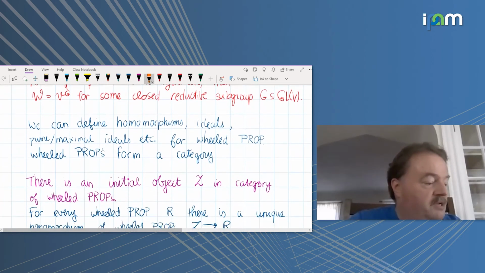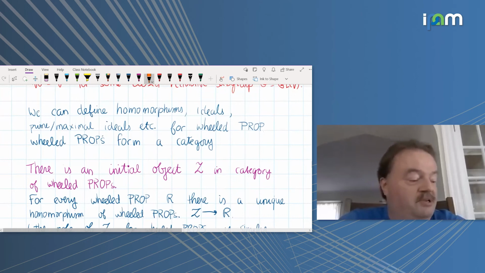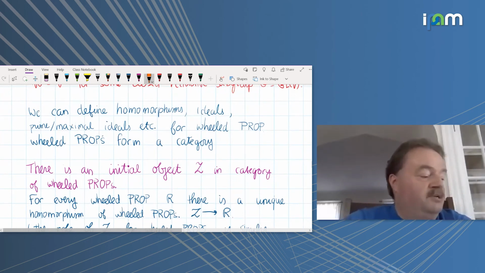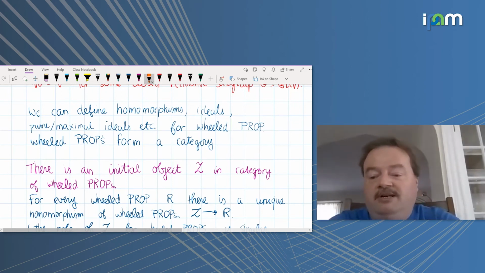So, as I mentioned, for these structures, one can define homomorphisms between real props, ideals, prime ideals, maximal ideals. So these notions are a little bit stronger, right? For example, an ideal is not just an ideal as an associative algebra, but it should also be closed under contractions.